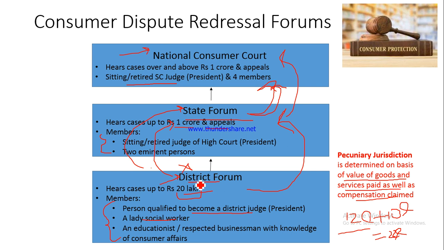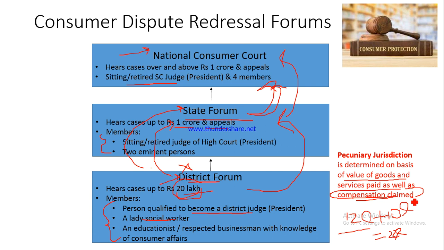So this limit is not only the value of goods and services, but also the compensation that you are claiming, right? You understand my point? For example, suppose you bought a washing machine and it did not come up to your expectation. It did not perform the job as per your expectations. Then what would you do? You will probably be going to the district forum. Let's say the cost of the washing machine is just 40,000.